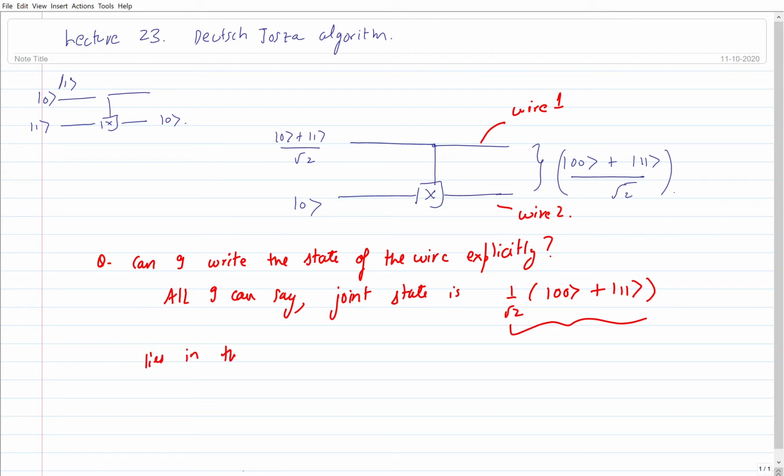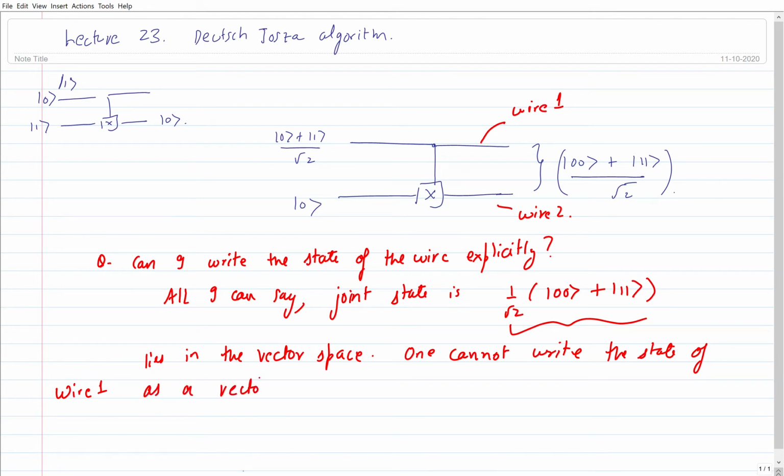As you noticed, one cannot write the state of wire 1, for example, as a vector in a two-dimensional Hilbert space in the usual sense.